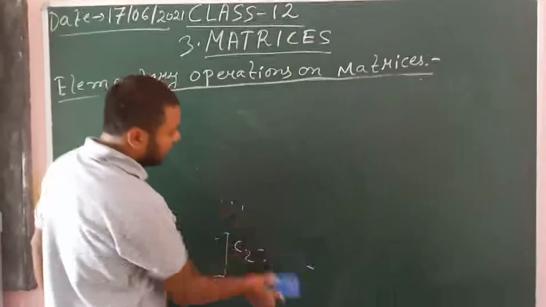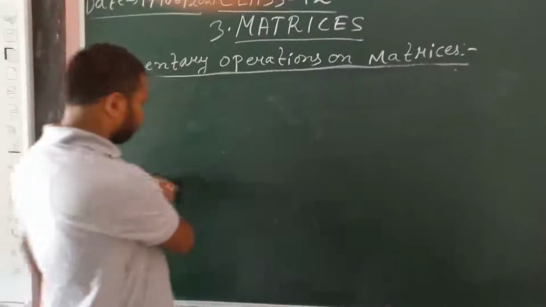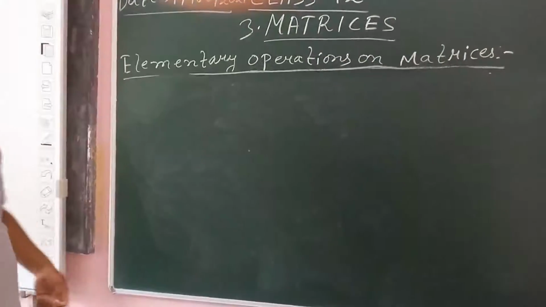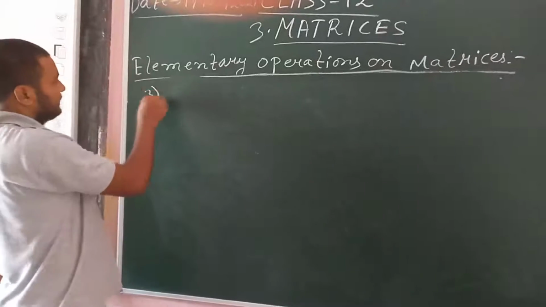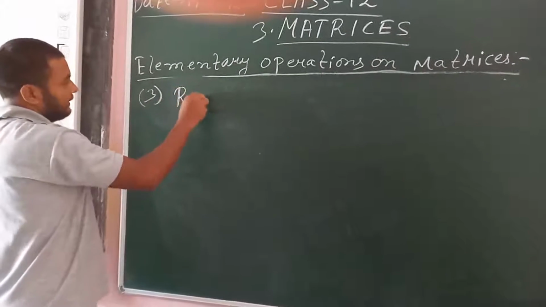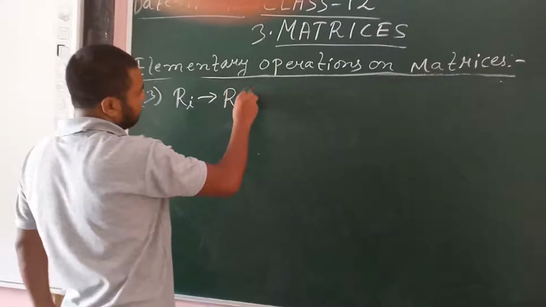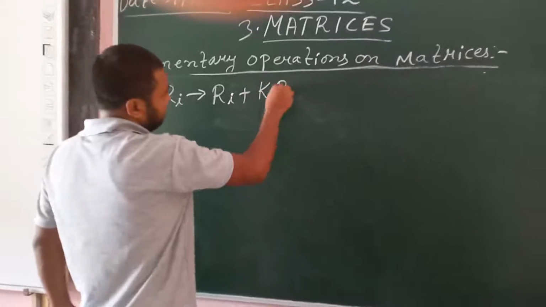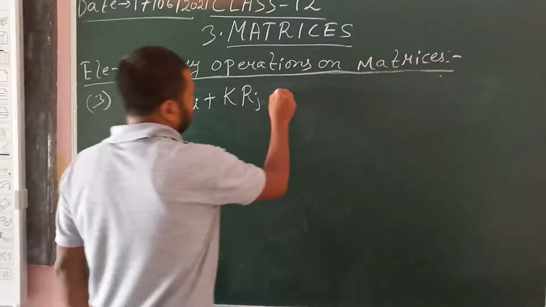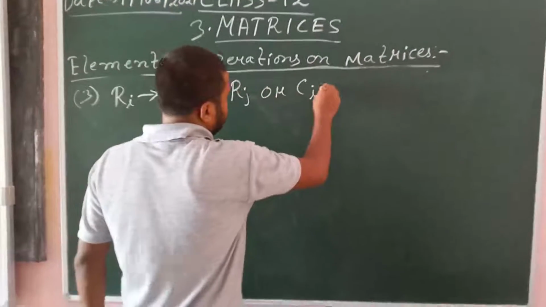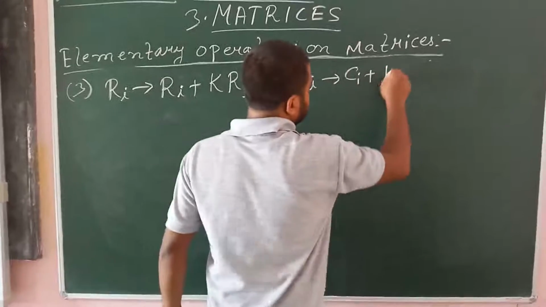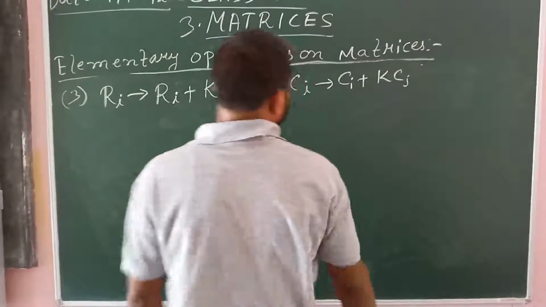Now we shall go to the third operation on matrices, which is very easy. Ri can be written as Ri plus k into Rj, or column i can be written as column i plus k into column j.